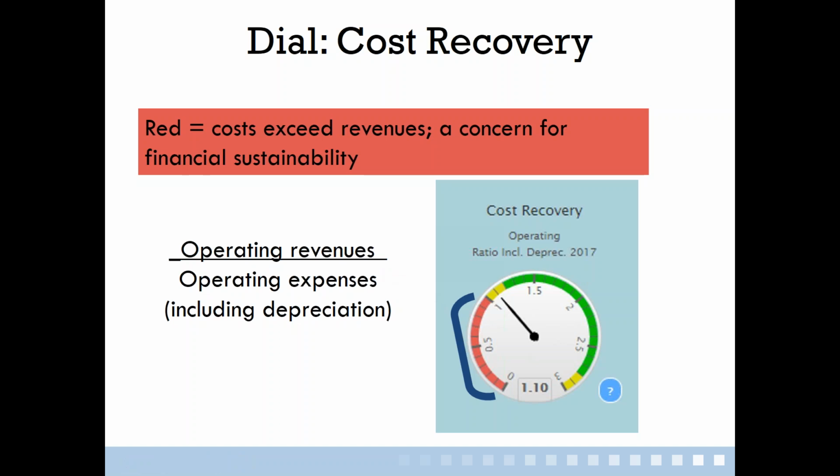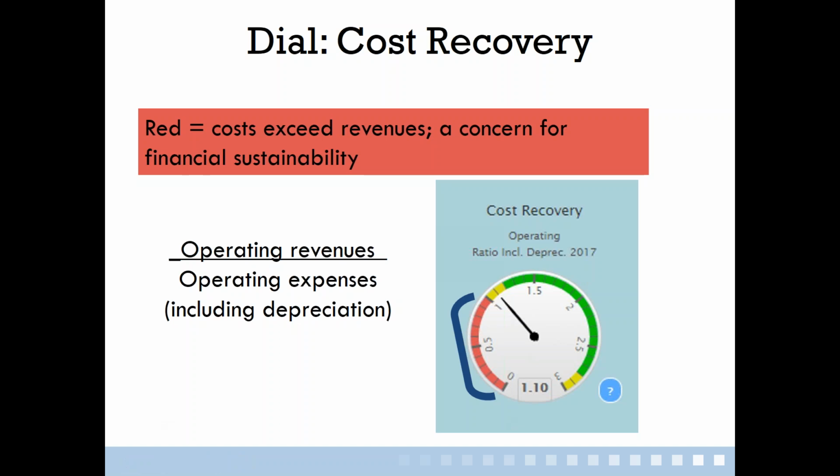If you are not even able to meet those, you certainly can't save for future expenses or capital projects or emergencies that may come up. So we really want utilities to be at least 1. If you are in this red area, obviously you're facing some troubles, and hopefully we can provide you with some resources to help you out.